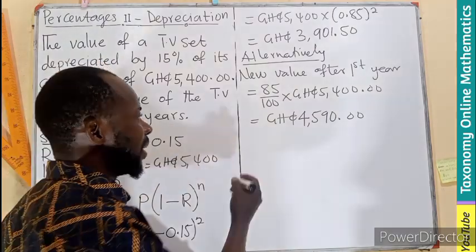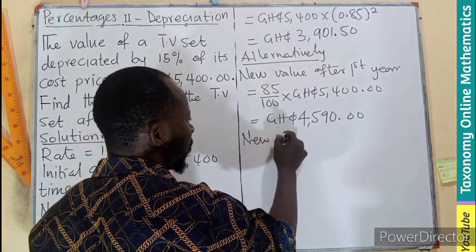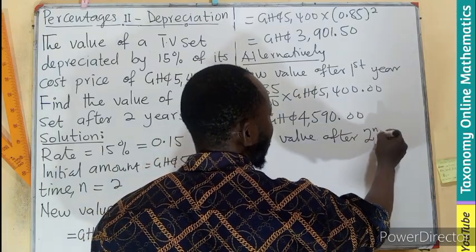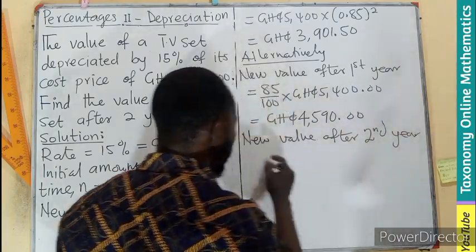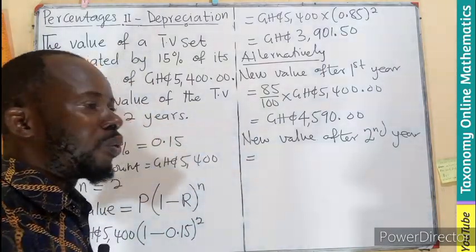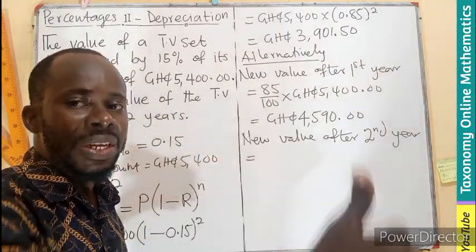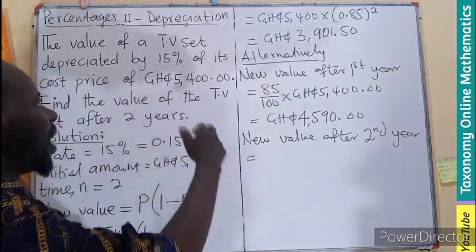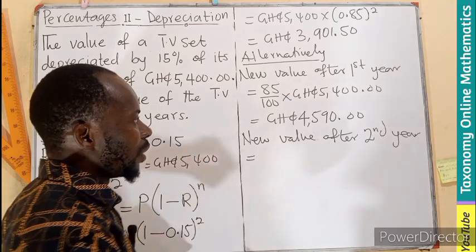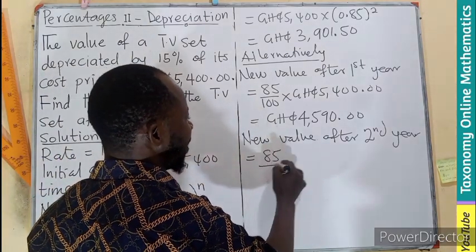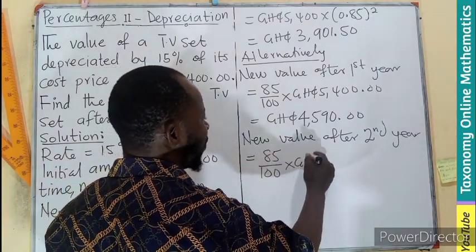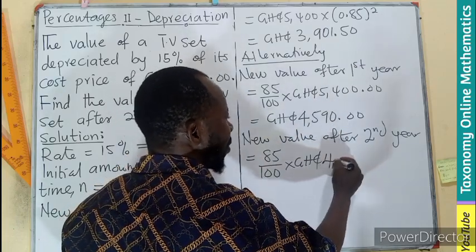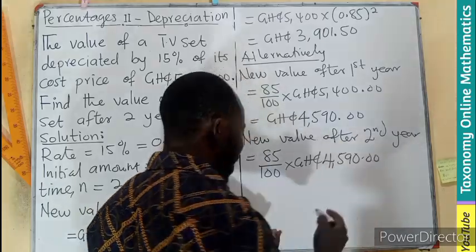4,590. Then let's see what will be the new value after the second year, or let's just say year 2. After the second year also, the value will still have to depreciate by 15%. They said it depreciates by 15% of each value every year. So we still have 85% of the value of the machine, which at that time is no more 5,400, but rather 4,590 Ghana cedis.